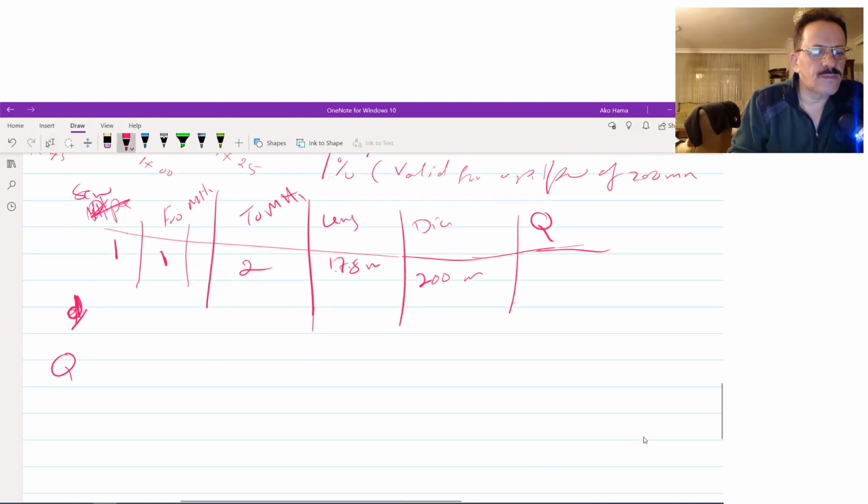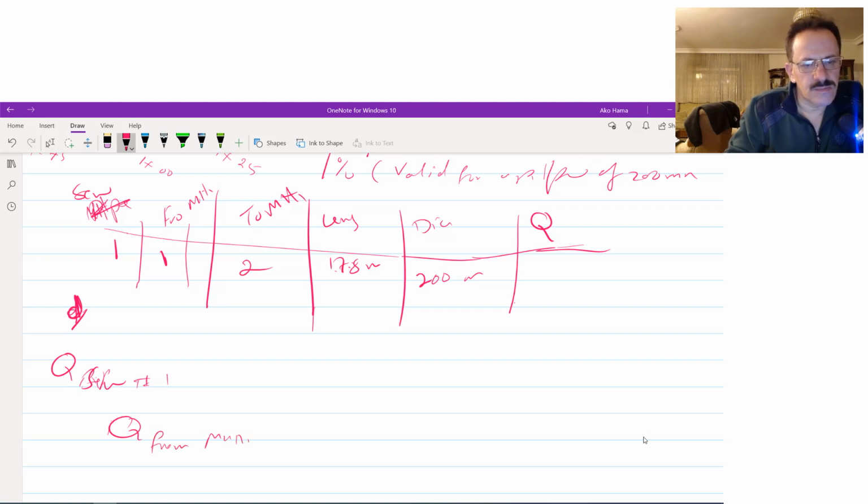So for the Q of sewer number 1, first of all we have to find the Q from the municipalities. This will be equal to the Q average, the water demand or water consumption, times an equation.